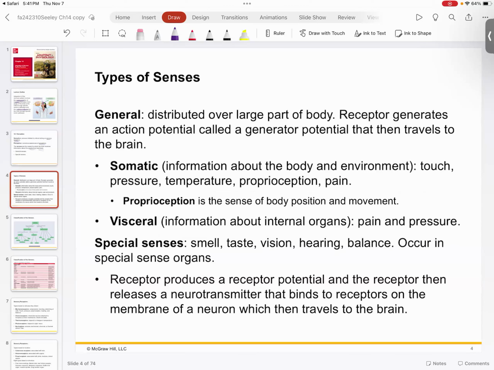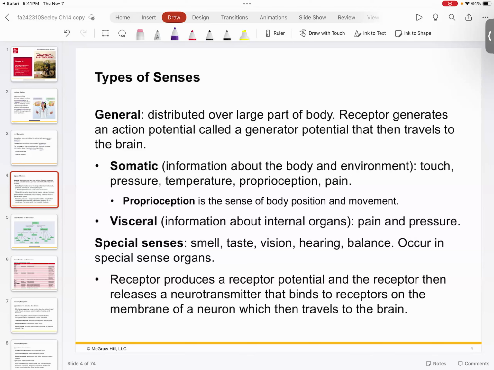First of all, the general senses are usually just spread out over your entire body. All of these senses will generate action potentials in order to send information back to the brain.